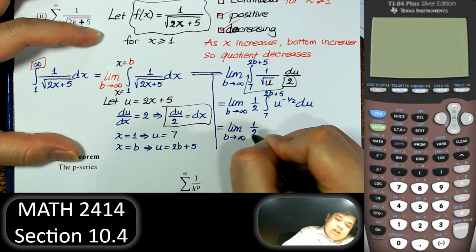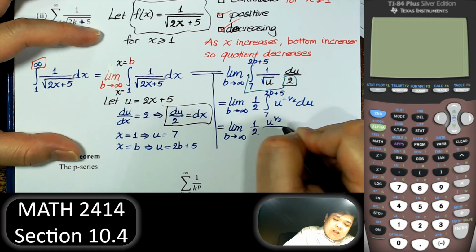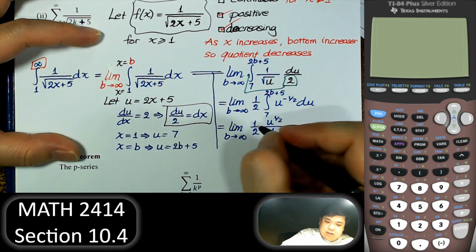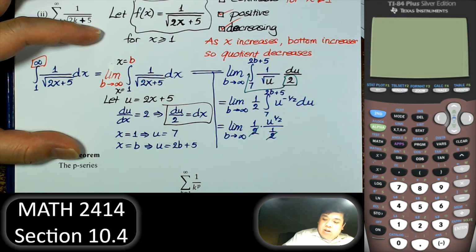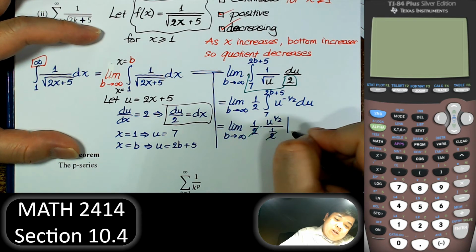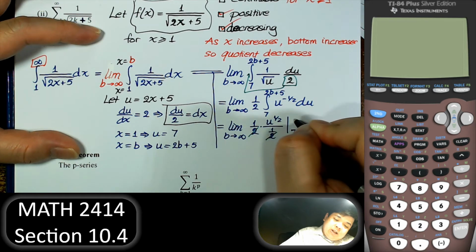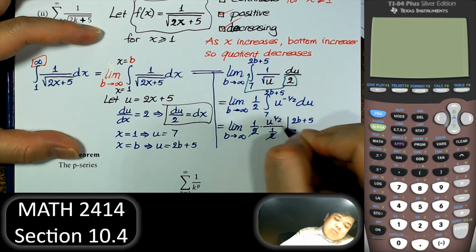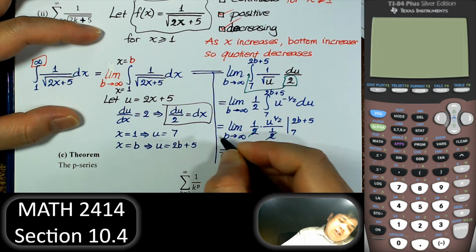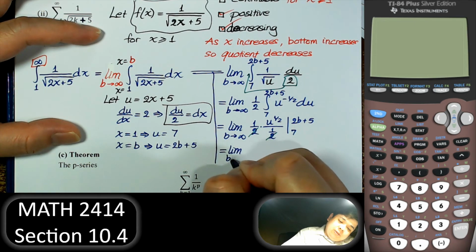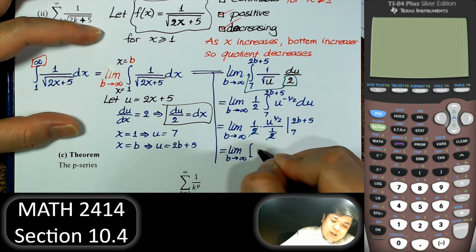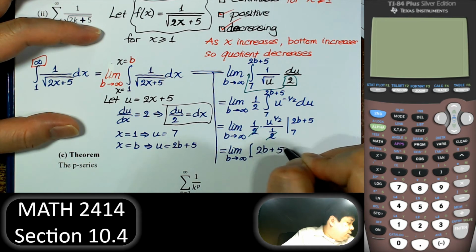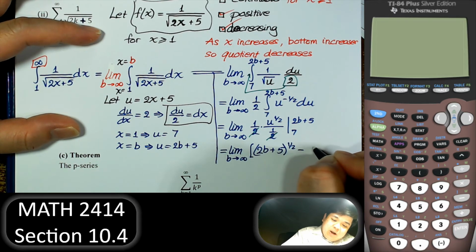And the integral of that, increase the power and divide by the same thing. Since at the bottom 2 and 1/2 can cancel out, we do have the limits though, 7 to 2b plus 5. So we substitute that in here. We have 2b plus 5 to the 1/2 minus 7 to the 1/2.